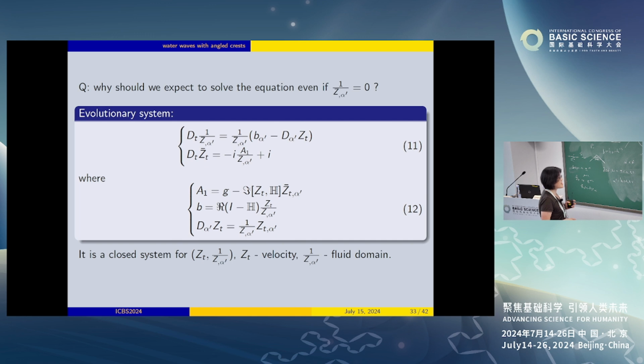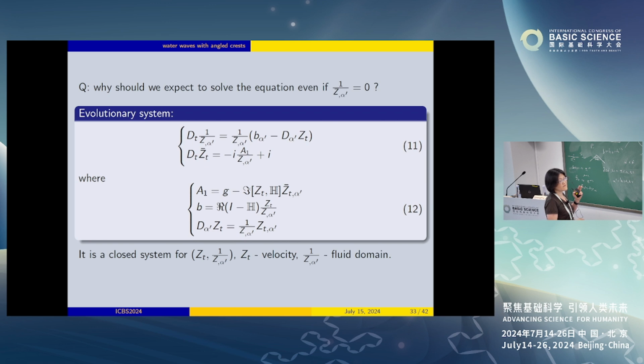So these are the two unknowns involved, and you look at the evolution of 1 over Z_α, you get something like this. This is just a computation we did some time ago, so I just quickly write down the formula. It's easy to compute. So you look at the evolution of 1 over Z_α bar, you get this. A1 is this. You see the right-hand side makes perfect sense. It is a function of Z_t and 1 over Z_α anyway.